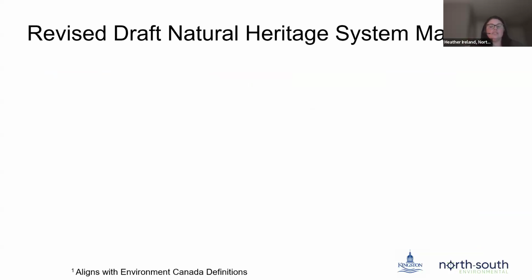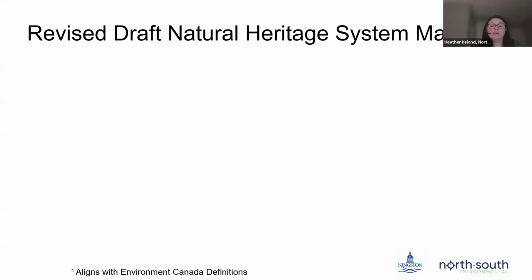So I want to take a moment just to go over some of the revisions that have happened to the draft natural heritage system mapping based on comments received from the summer 2025 consultation window. We did receive a total of 76 mapping related comments submitted through the GIS comment portal. And these all have been reviewed.